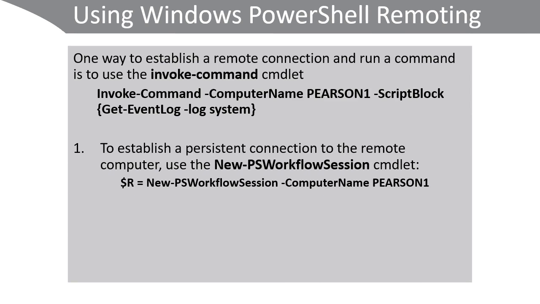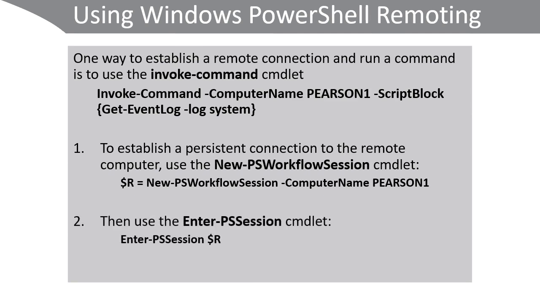And then to open up a session to those remote computers, you use the Enter-PSSession cmdlet and specify the variable name. So that will initiate a remote connection to the one or several computers you've mentioned after the ComputerName parameter. So it's a very convenient and easy way of opening up multiple remote PowerShell windows.